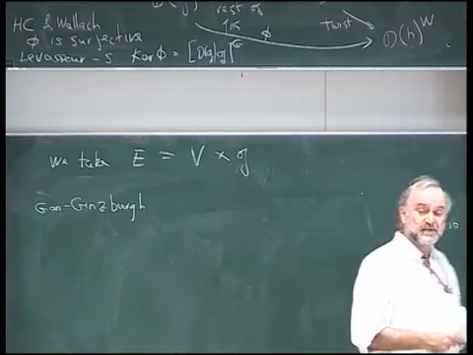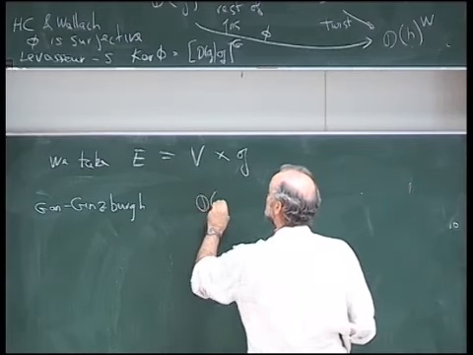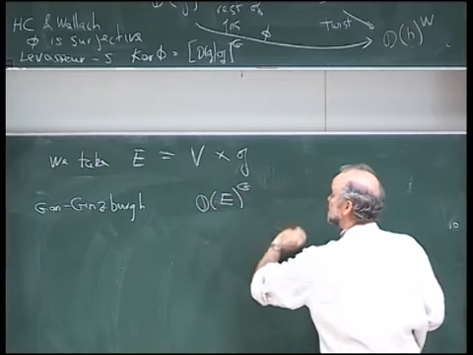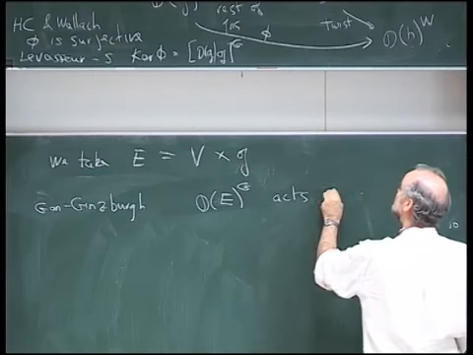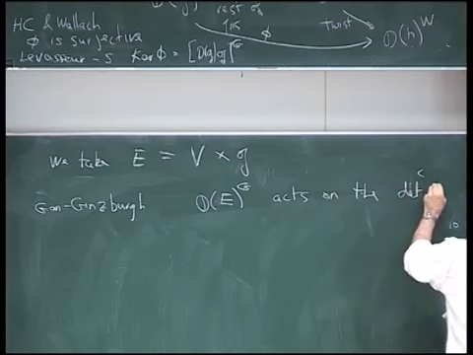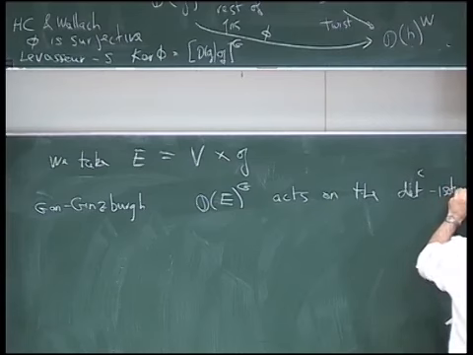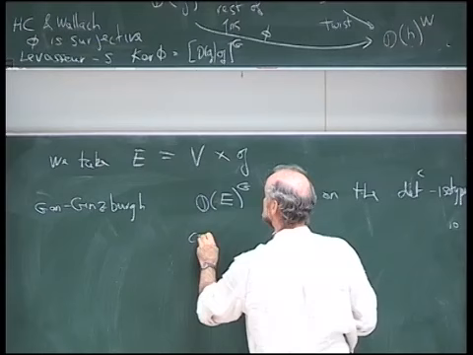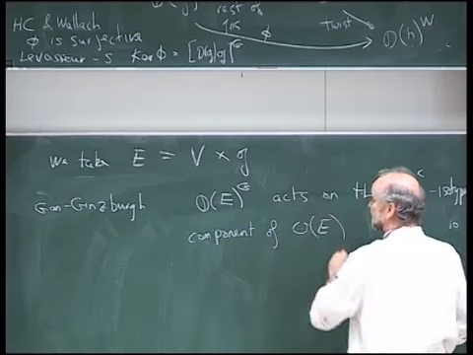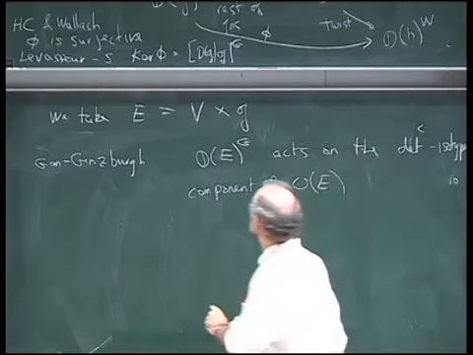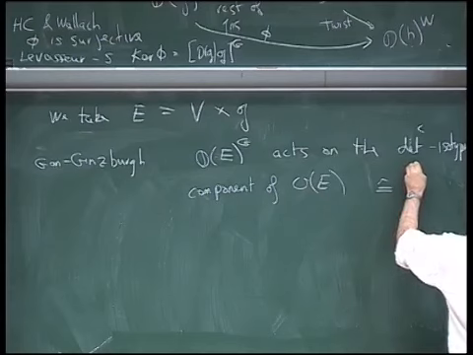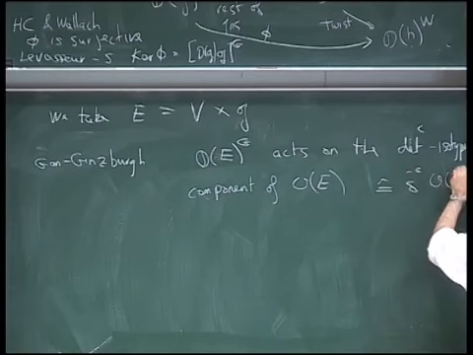So now, with Gan and Ginzburg, you think now of D of E fixed by G. So this acts on the det^c isotypic component of my O of E. And that, by the way, is isomorphic to just delta to the minus c times O of E after localization.